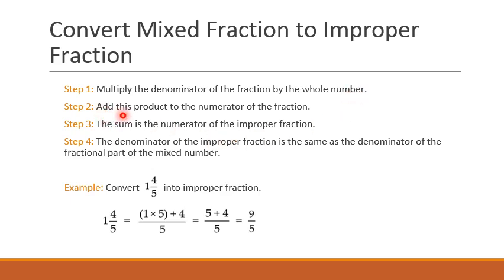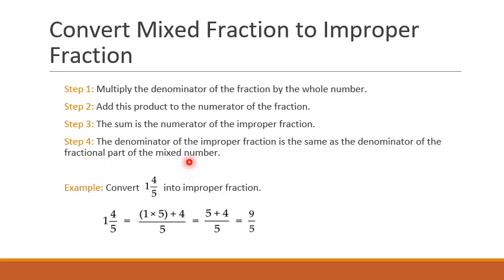Then add this product, that is the product of denominator and whole, to the numerator of the fraction. The sum now becomes the numerator of the improper fraction, and the denominator of the improper fraction is the same as that of the fractional part of the mixed number.